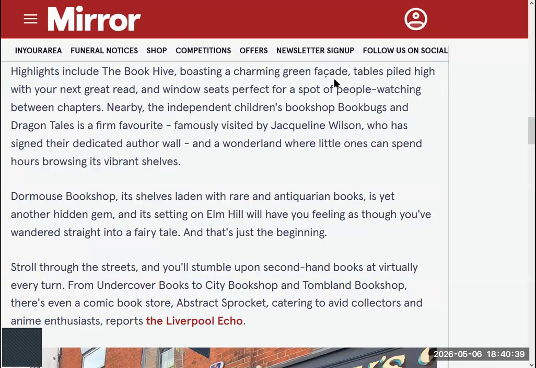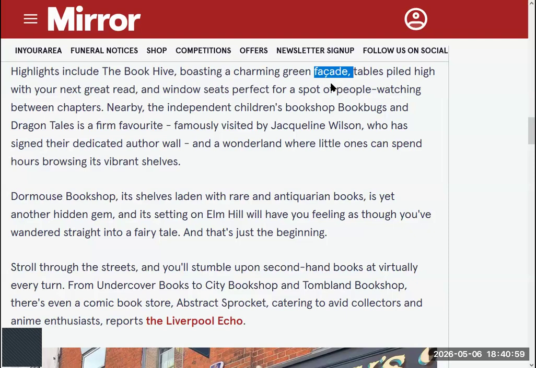So this word is pronounced as facade. Facade. Do you want to give it another go? Facade. Yes, perfect. Absolutely perfect. And it basically means something like the face of something.